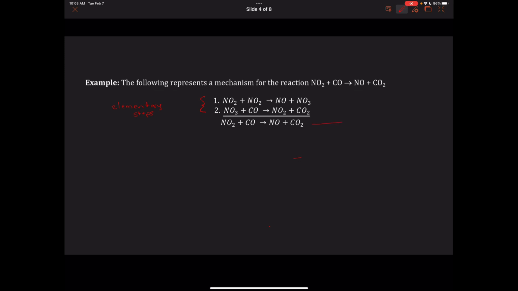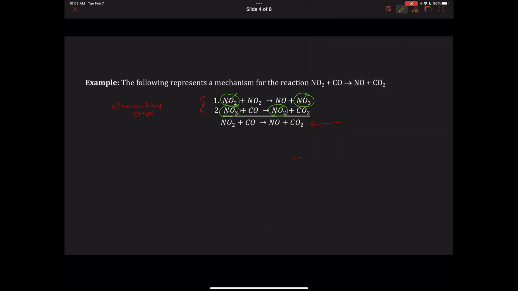The bottom equation here is the sum of those steps. If we're adding chemical reactions together, what we do is we cancel species that appear on both sides of our arrows. So I have an NO2 here and an NO2 there. Those are going to cancel. I have an NO3 here and an NO3 there, so those cancel.